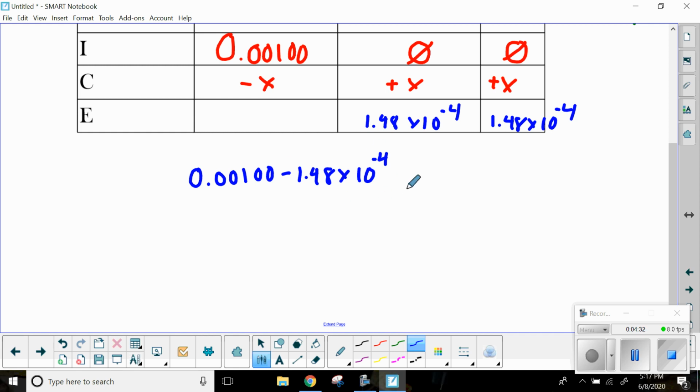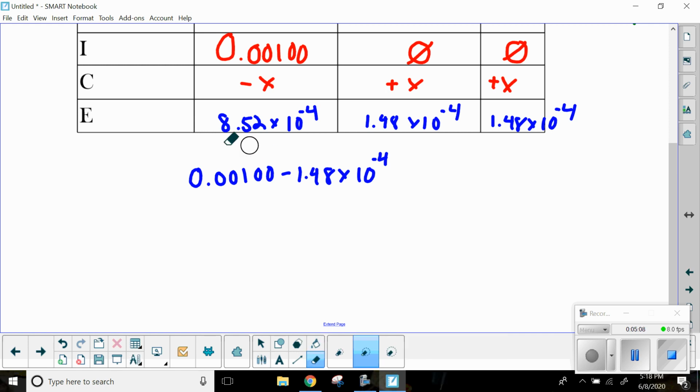I'm going to plug that into my calculator: 0.00100 minus parentheses 1.48 times 10 to the negative fourth. And I find my equilibrium concentration is 8.52 times 10 to the negative fourth. Again, barely any of the original concentration dissociated, but more so than last time.